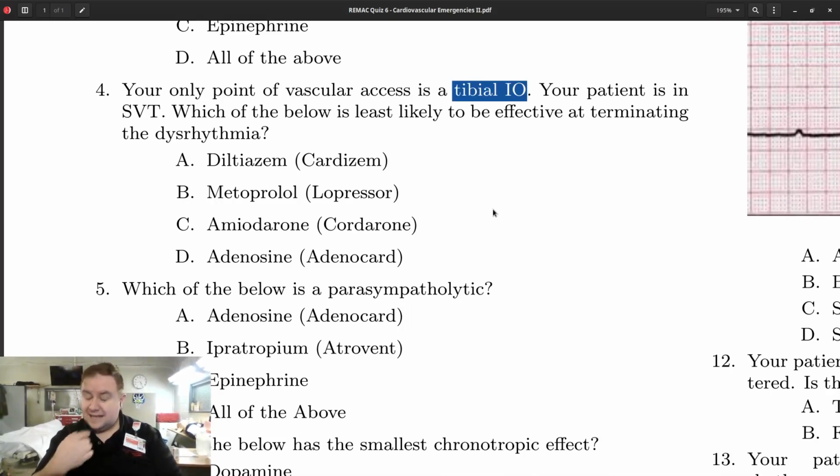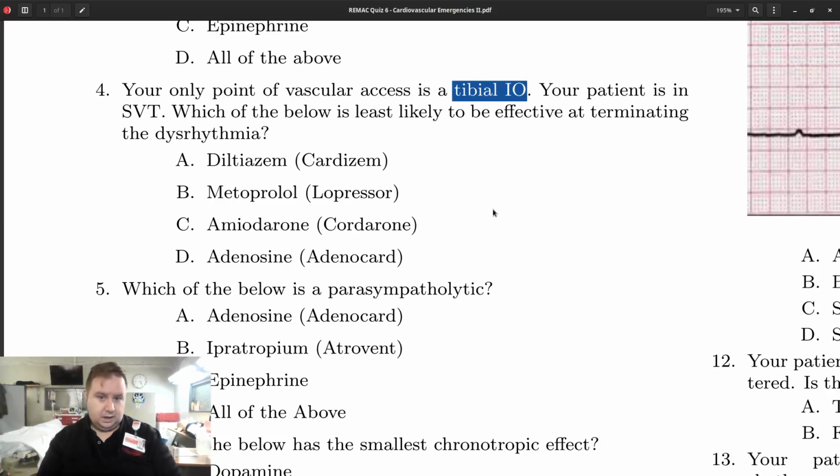As well, it's not just any IO, it's a tibial IO. So what does that mean? A tibial IO means the drug is going to be entering the body and starting to be metabolized as soon as it hits the bloodstream in the leg, and then it has to travel all the way back up to the heart. So when we talk about using adenosine to convert SVT, what we really want is a point of access that's as close as possible to the heart.